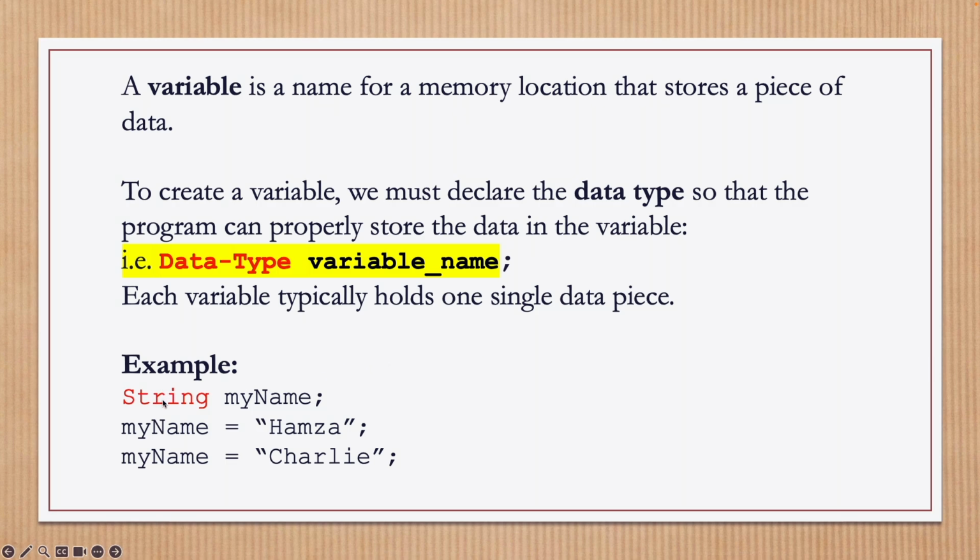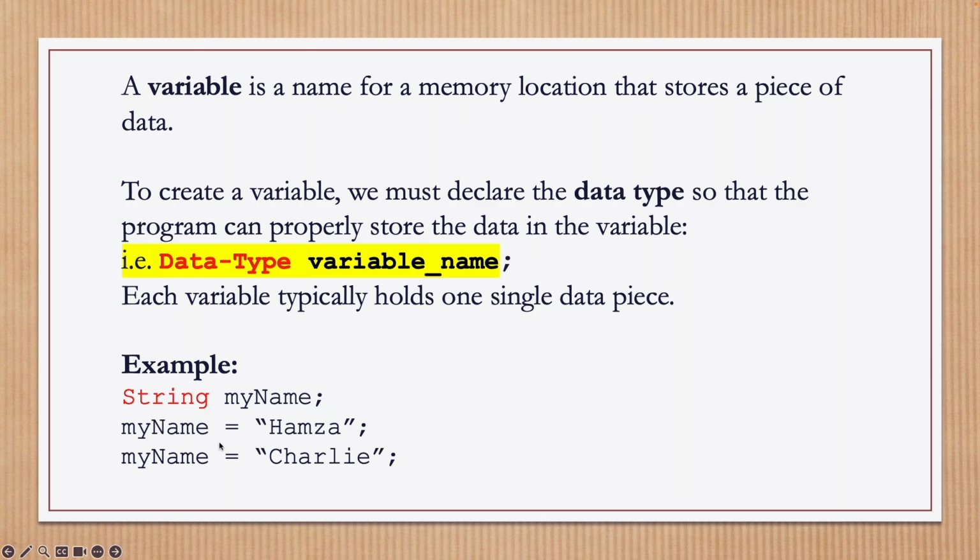So let's take a look at this example, myName. myName is a variable that has a string data type. This is what we call declaration of a variable. And then in the second line, we're assigning a value of Hamza to the variable myName. And then in the third line, we're also assigning Charlie to the variable myName.